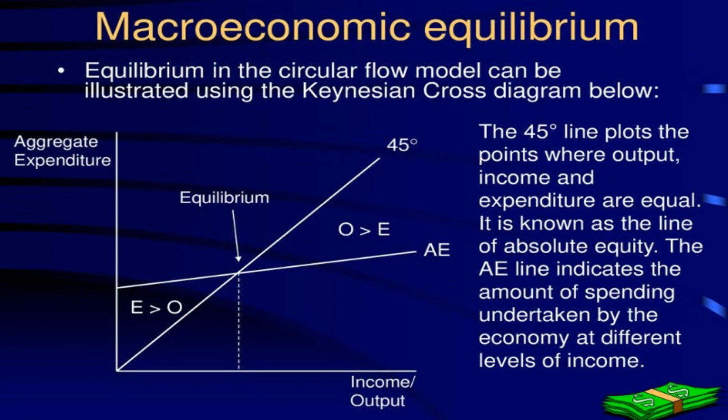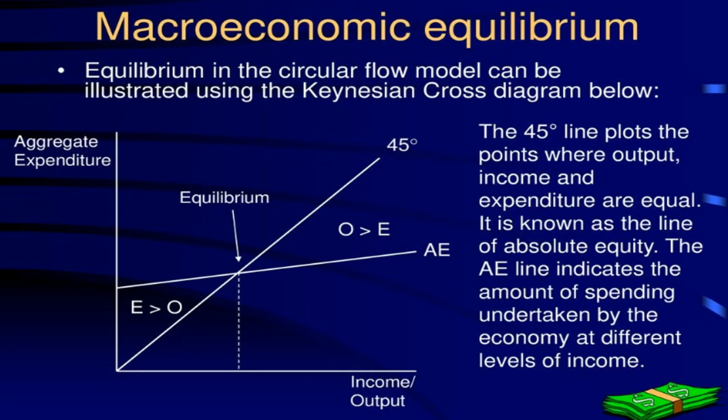The graph you are seeing represents the Keynesian cross diagram. On the x-axis we have income, which can be said to be output, and on the y-axis we have aggregate expenditure. We see two lines intersecting at a point. That point we call equilibrium.